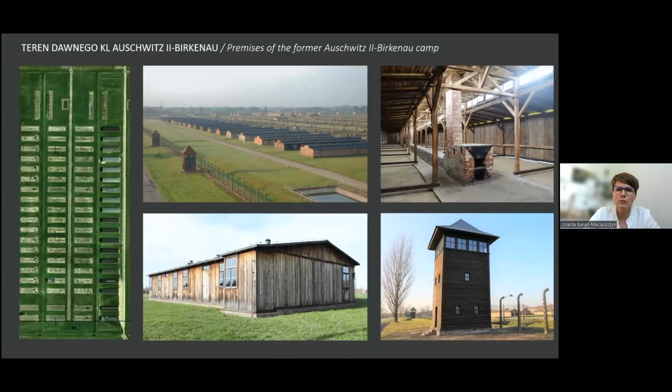Wooden ones are present primarily at the B2 section, at the former quarantine section, and they are of the stable type. They are very characteristic in the landscape of the former camp. There are 27 preserved guard towers around.